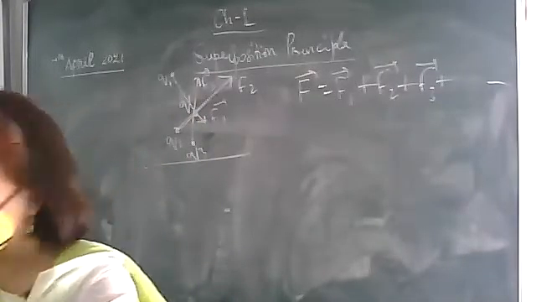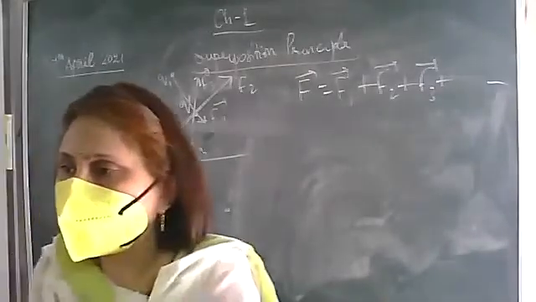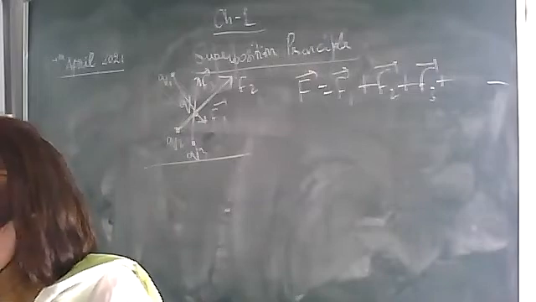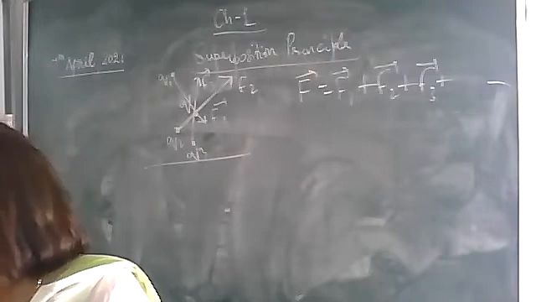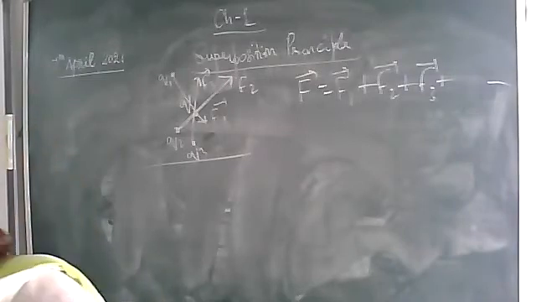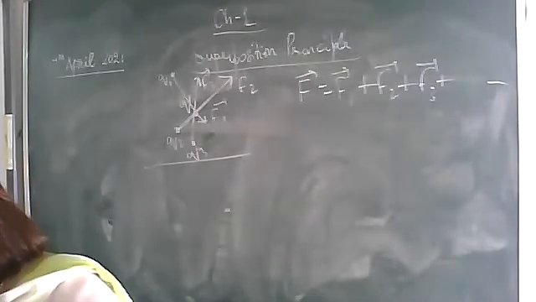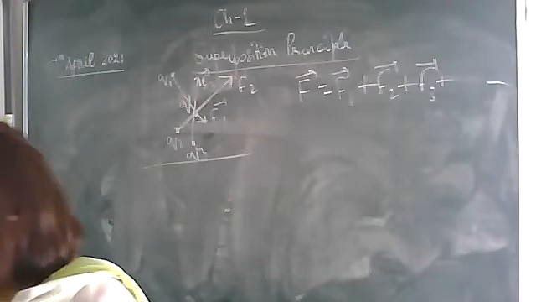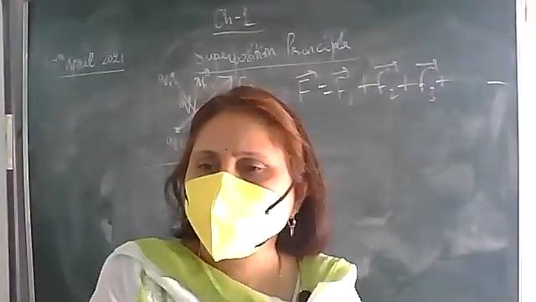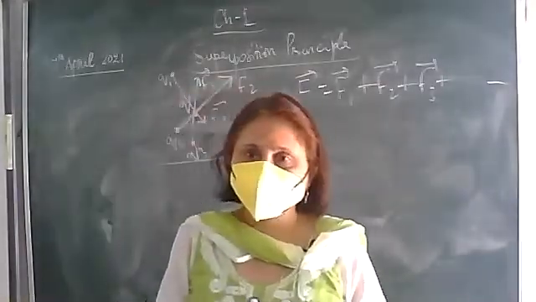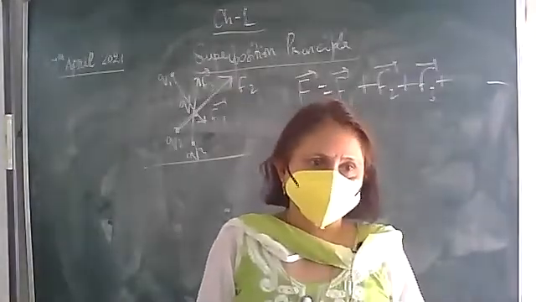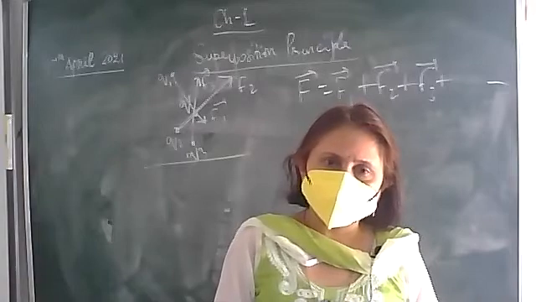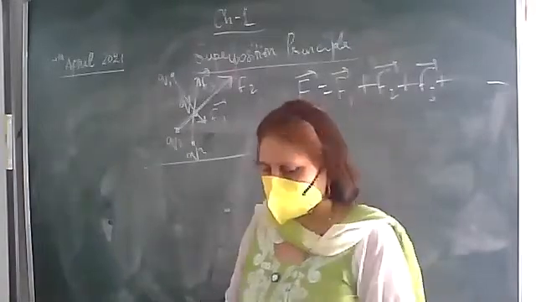So write down: the total force acting on a particular charge due to the surrounding point charges is equal to the vector sum of the forces acting on that charge.